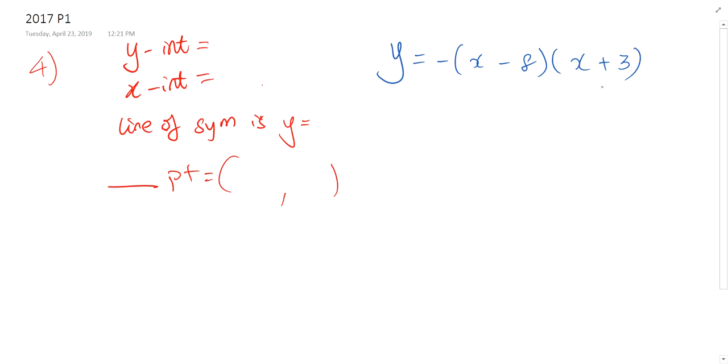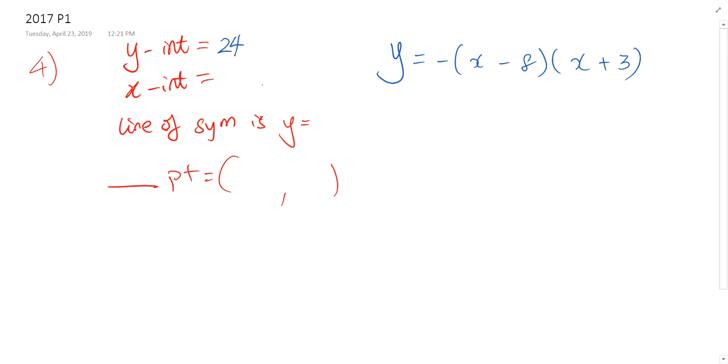With x equals to 0, I get positive 8 times 3. So what's the answer? 24, okay. Simple.